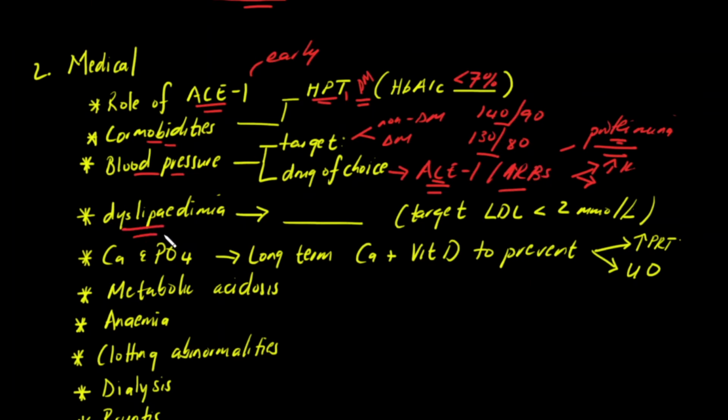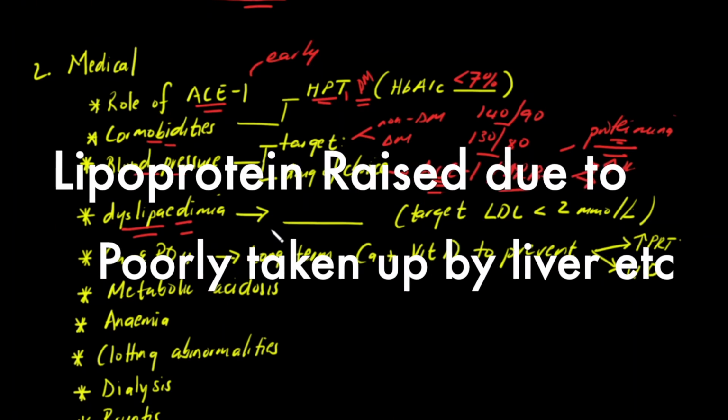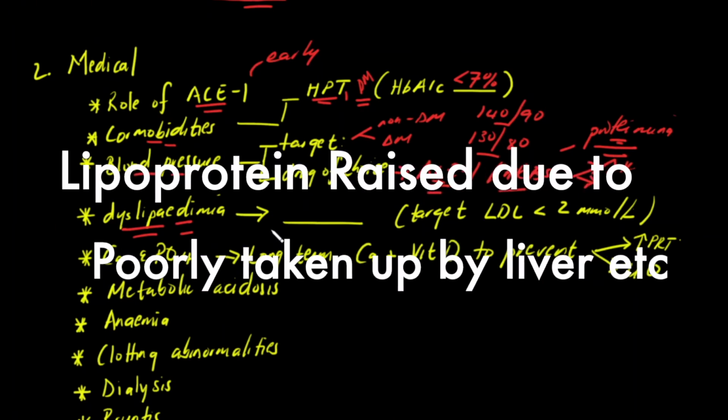Now, one thing I perhaps forgot to mention under the complications of presentation of CKD is that they get dyslipidemic. This is because, remember, there is reduction in the activity of your lipoprotein lipase or your hepatic triglyceride lipase.